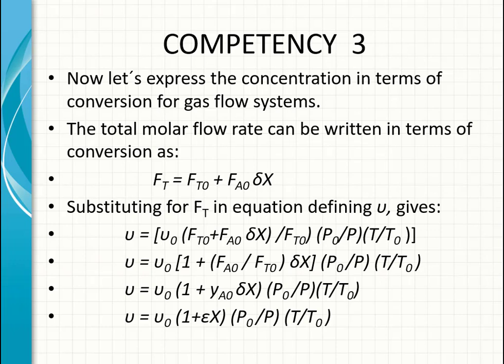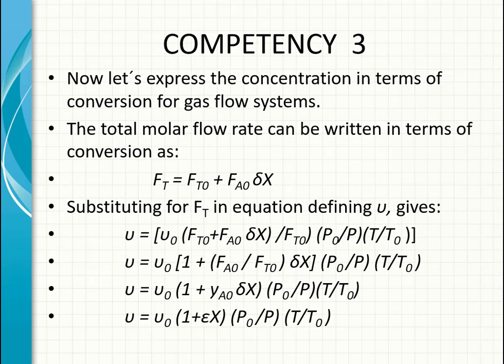So, the total molar flow rate can be written in terms of conversion as Ft equals Ft0 plus Fa0 times delta times X, and we must remember that delta is the sum of the ratio of the stoichiometric coefficients.